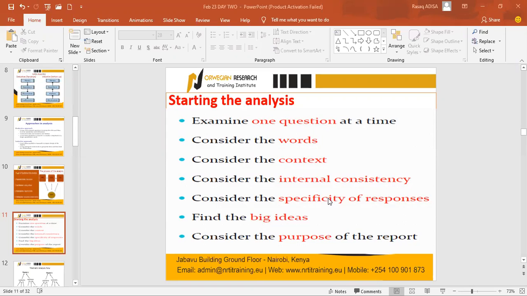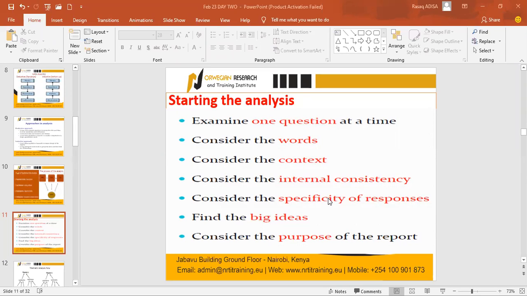Shortage of food can lead to health problems. Shortage of food can lead to loss of jobs. Shortage of food can lead to crime. Maybe that emphasis is there when they are explaining the impact. So you are expected to look at the internal consistency of your sources when you are interviewing, when you are trying to read the paper.